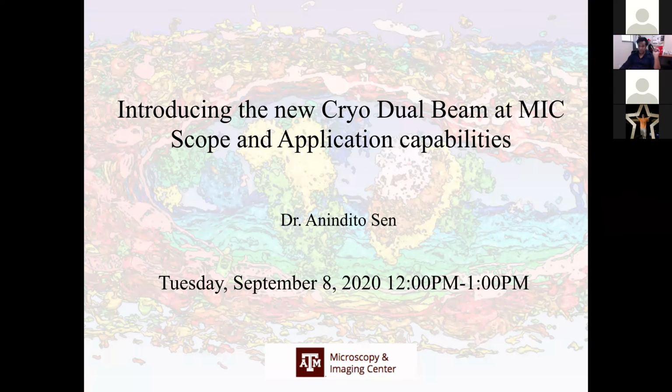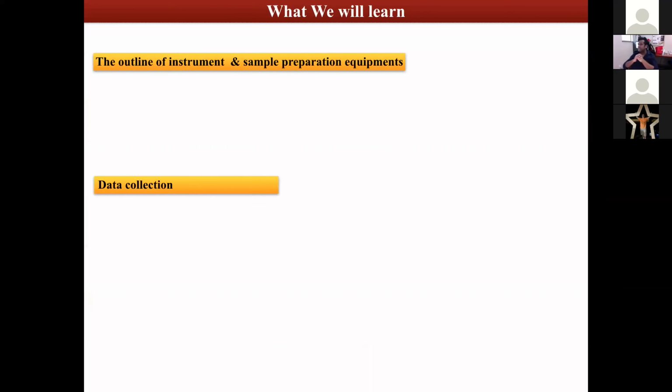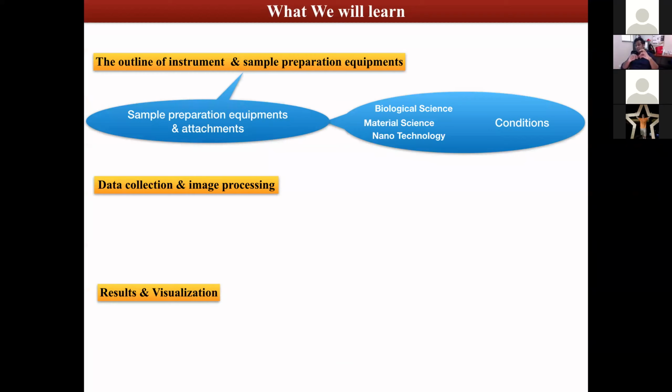Okay, so what we're going to do here is see the outline of the instrument, the sample preparation equipment that we are going to get from Leica. We will see the data collection and image processing software, and results and visualization. Now, sample preparation will not be limited to biological science samples.